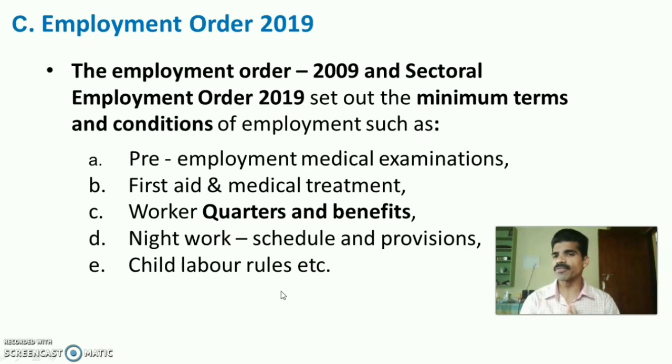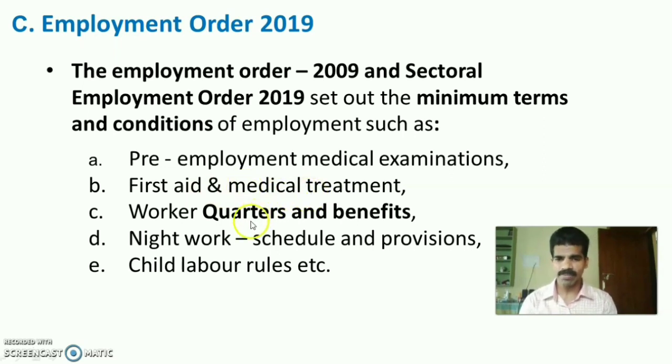The last legislative measure is the Employment Order 2019. So the Employment Order 2009 and the Sectoral Employment Order 2019 set out minimum terms and conditions of employment. Minimum terms and conditions for better employment. It includes a pre-employment medical examination of the employees or workers. Then provision for first aid and medical treatment for the employees or workers in the job setting.